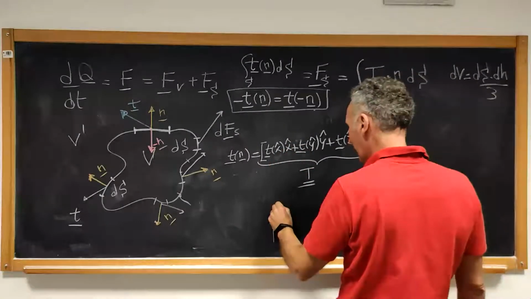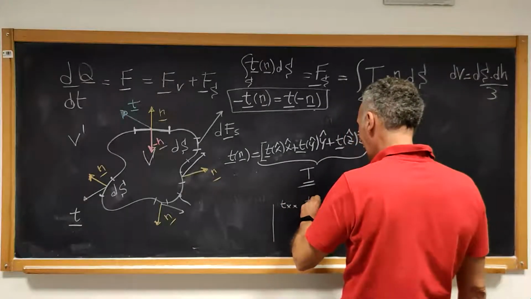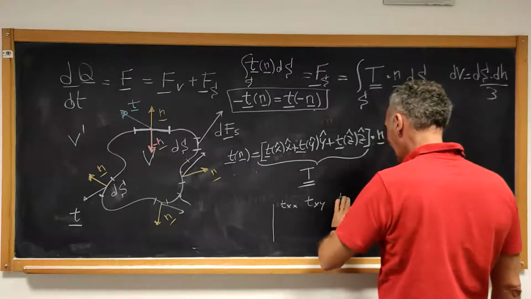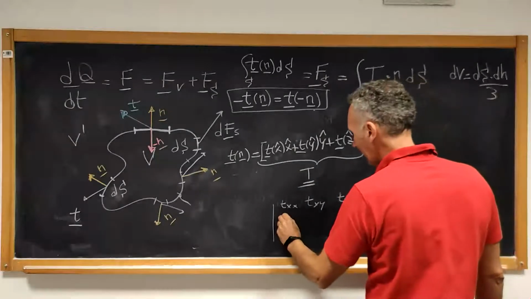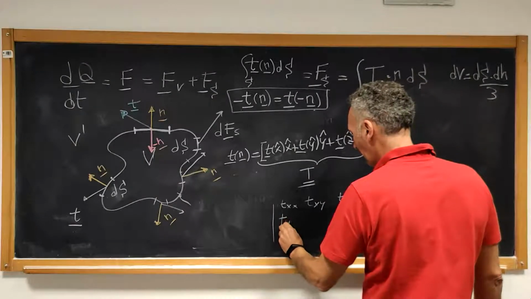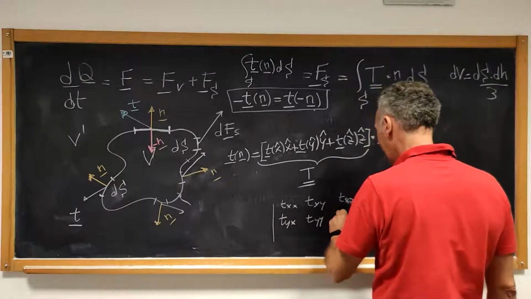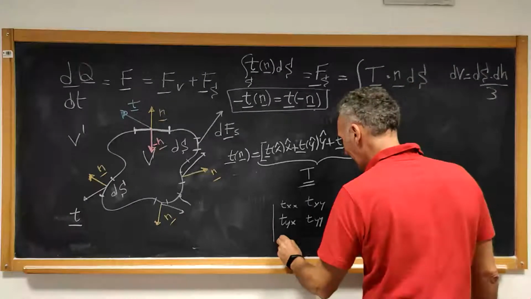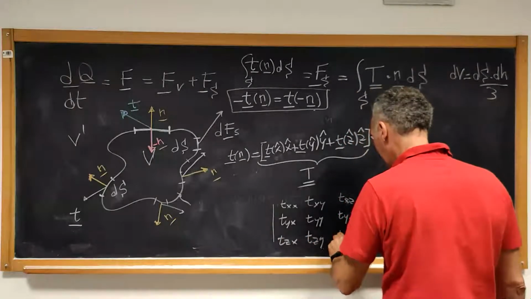So this could be written like txx, txy, txz, and then the other terms, tyx, tyy, tyz, and tzx, tzy, tzz.